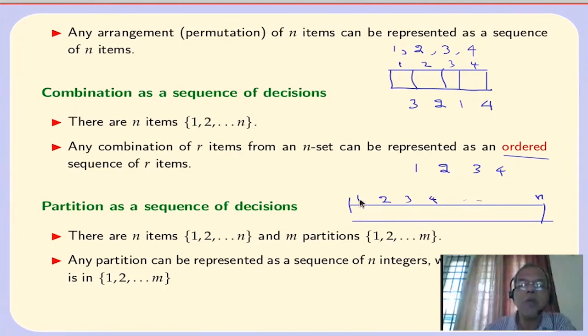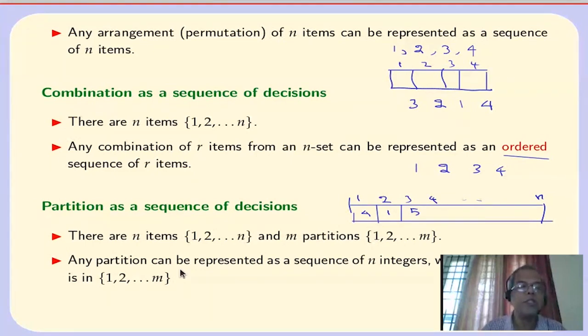For example, 1 belongs to either partition 1 or 2 or 3 or m. Let's say this belongs to partition 4. 2 belongs to partition 1. 3 belongs to partition 5, and so on and so forth. Any partition can be represented as a sequence of n integers where each integer is in the set 1 to m.